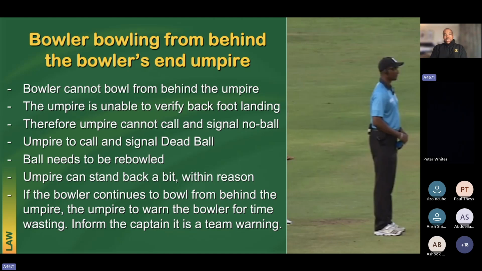We cannot call and signal no ball because we didn't see the back foot landing outside or on the return crease. And we didn't see that the bowler bowled with a bent arm of 15 degrees or more.